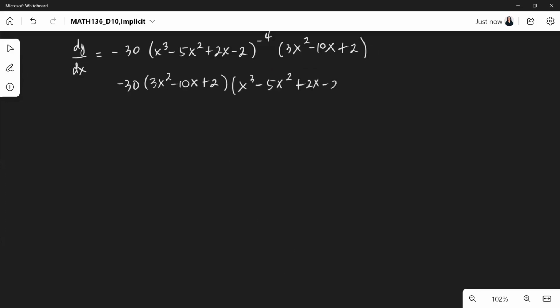Or since the given function is expressed with a positive exponent, you can also have the answer negative 30 over this, and then raise this to a power of positive 4. Now using the laws of exponents, you can transfer this expression to the denominator and then replace negative 4 with positive 4.